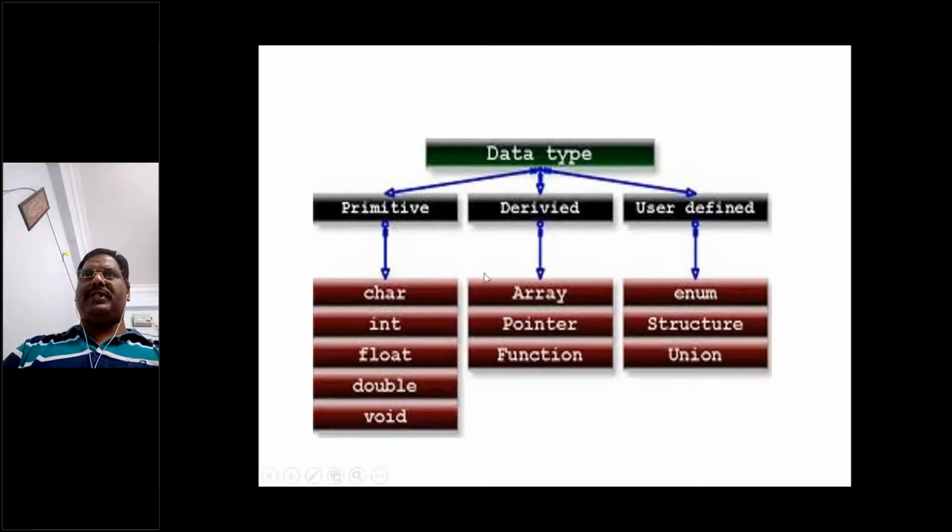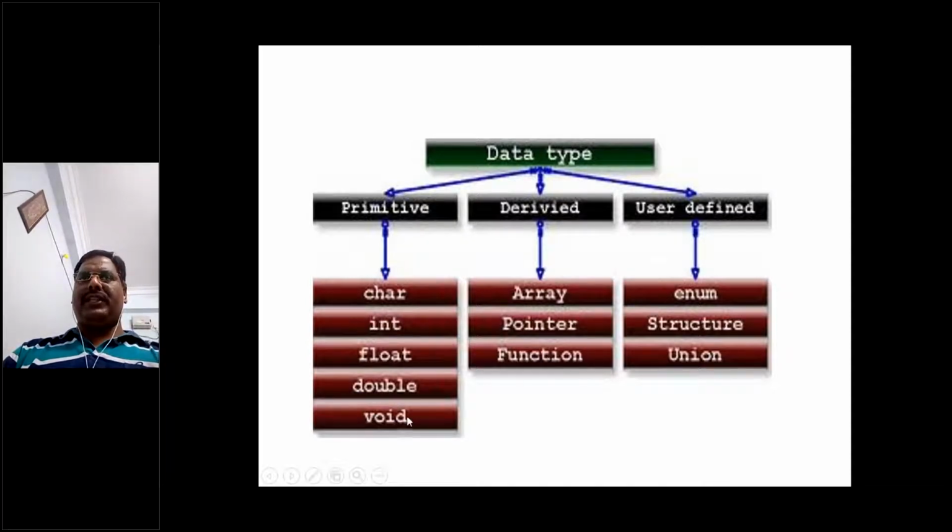The clear representation is here, with the primitive or fundamental data types: character, int, float, double, and void. Derived data types are defined based on the primitive data types: arrays, pointers, as well as functions.